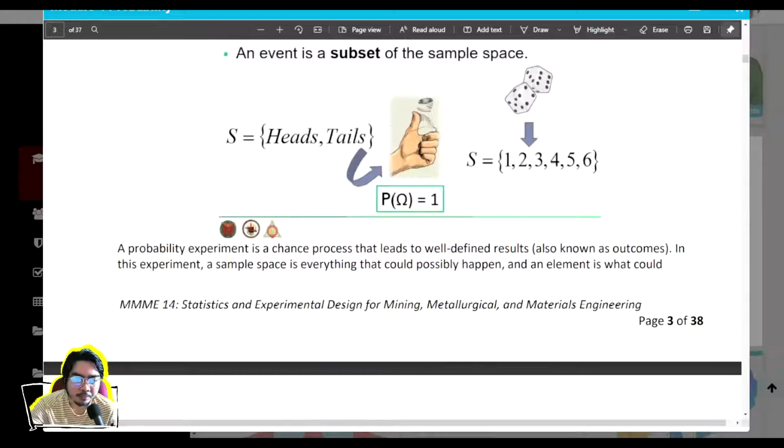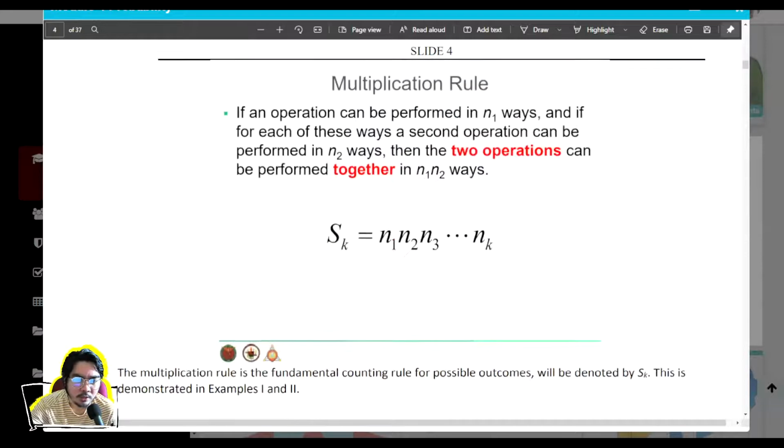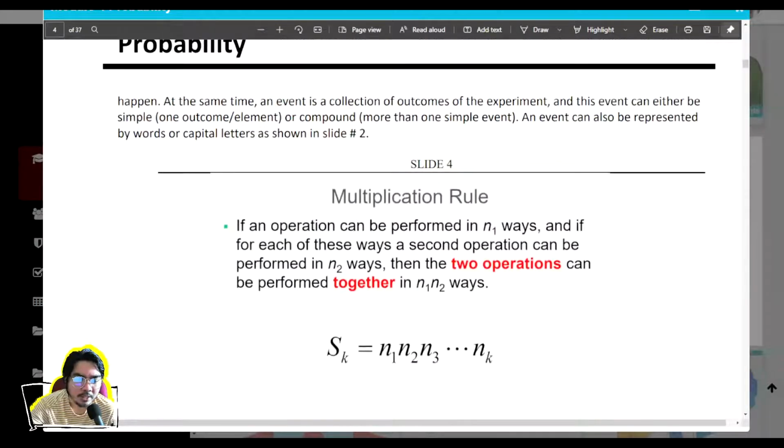So we won't go into this, no, pero one of the important na concepts na we need to understand in probability is itong multiplication rule, no. So if we have, for example, an operation, and yung operation na yun can be performed in n1 ways, and for each of these n1 ways, you can also perform a second operation in n2 ways, then the two operations can be performed together in n1 times n2 ways.